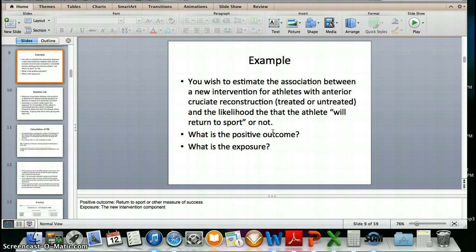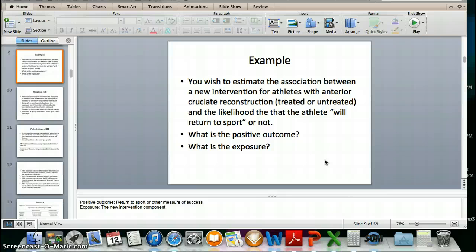Let's look at a second example. You wish to estimate the association between a new intervention for athletes with ACL injury, whether it be treated or untreated, and the likelihood that the athlete will return to a sport or not. In this case, what is the positive outcome and what is the exposure?